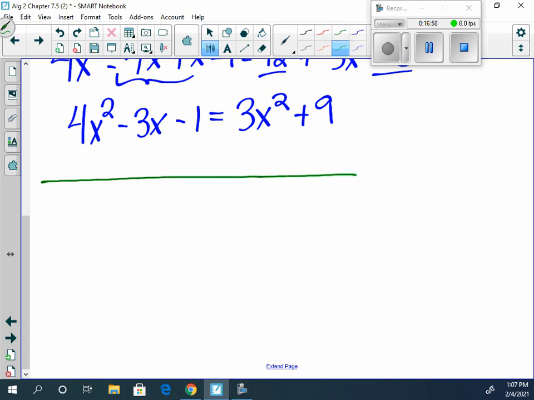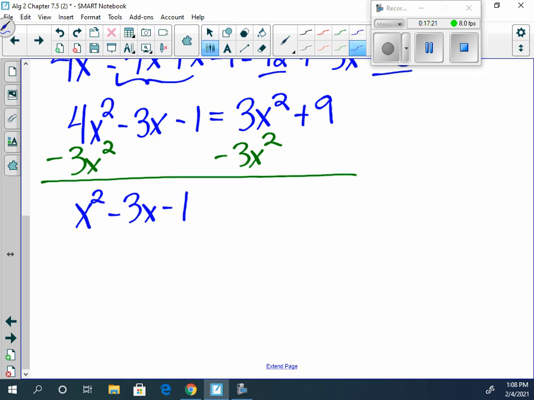So the first thing we can do is, well, we can move the x squared term. It doesn't matter which term we move first, because I could have subtracted 9 first, or we could have subtracted 3x squared first. Either way, we're going to end up doing it at one point in time. Well, 4x squared minus 3x squared is x squared.